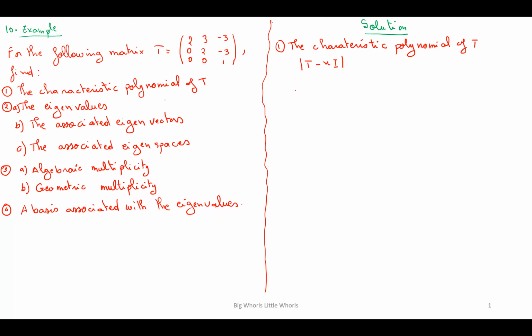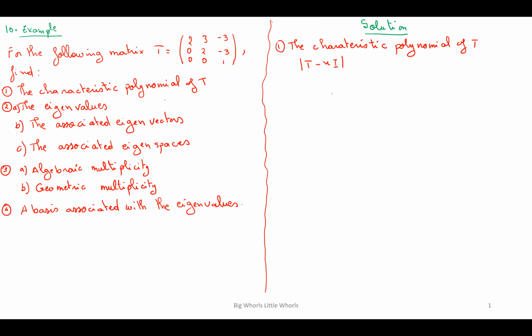In the previous video, we have seen the definition. Okay, I didn't go into depth about where we got the determinant of T minus xI from. In the previous video, we have defined what we mean by the eigenvalues and the eigenvectors of a transformation.